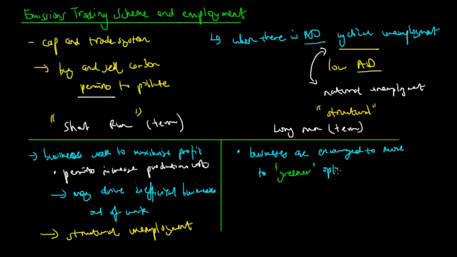What these greener options mean are production methods that rely on solar, wind, geothermal, hydro, for example, energy.